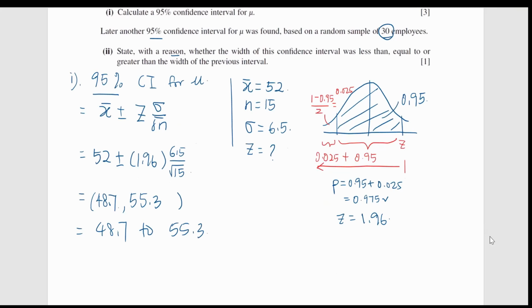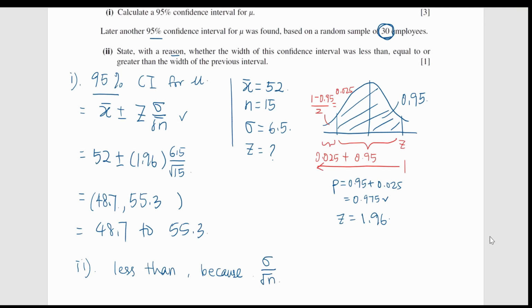So what happened? The interval for this case with a sample size of 30 is going to be narrower, or less than. Because you see, based on the calculations, the sigma over square root n, right?